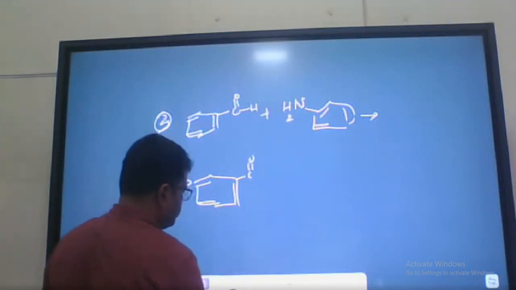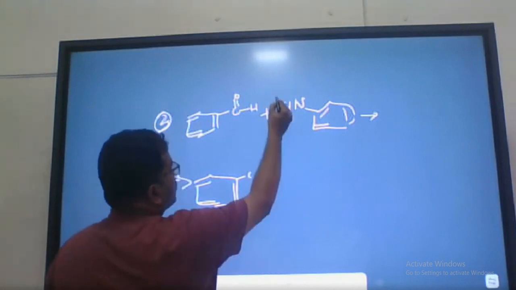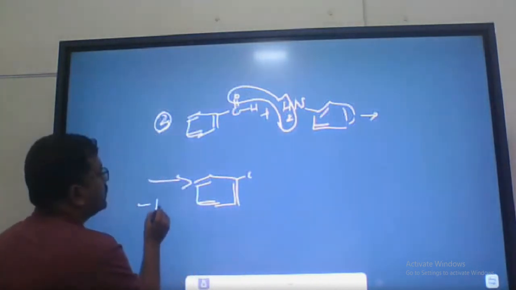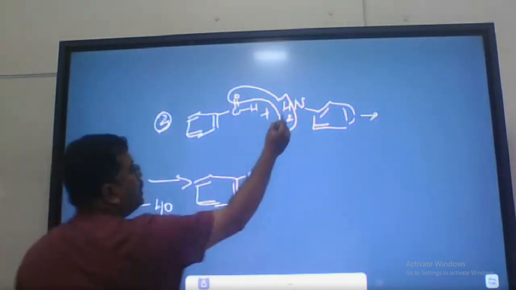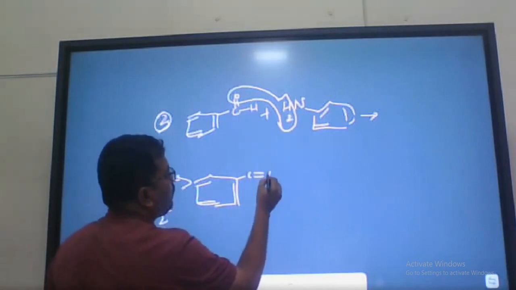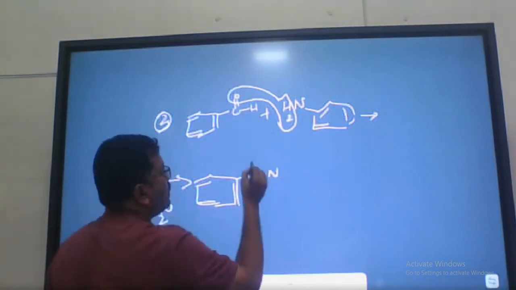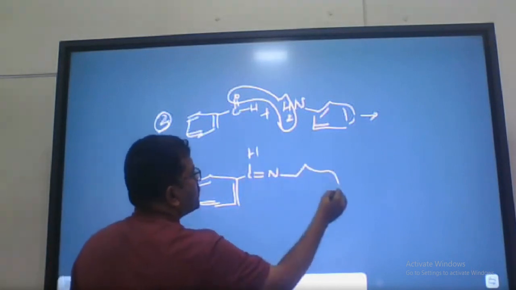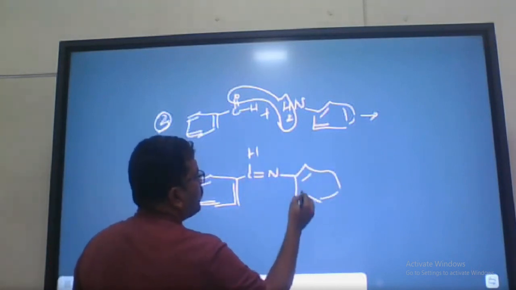H2 and oxygen are removed. It becomes water, H2O, remaining N and C double bond. Instead of oxygen, N, remaining H. This forms the amide functional group.